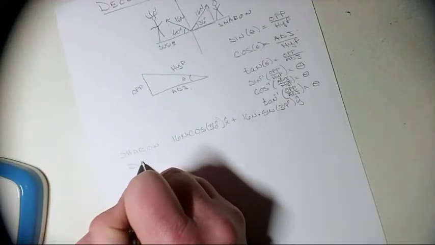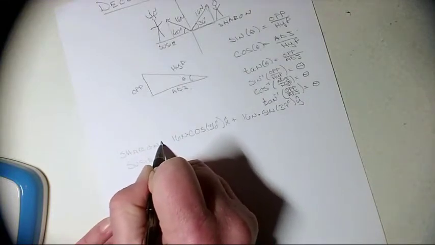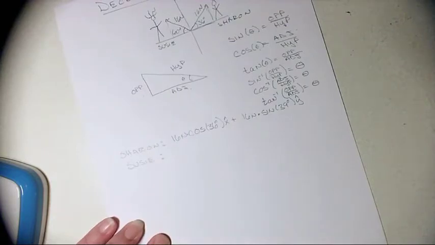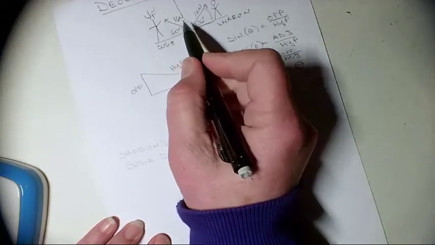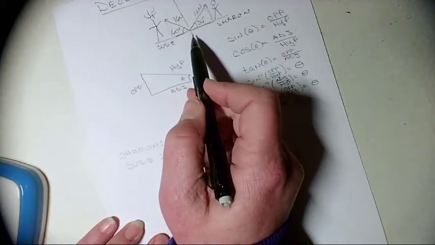Now what about Susie? I'm going to do it one way, and I'm going to emphasize how important it is to make sure that you pay attention to the axes if you do it the way I'm going to do it first. So 16 newtons, and we'll start with the x component again.